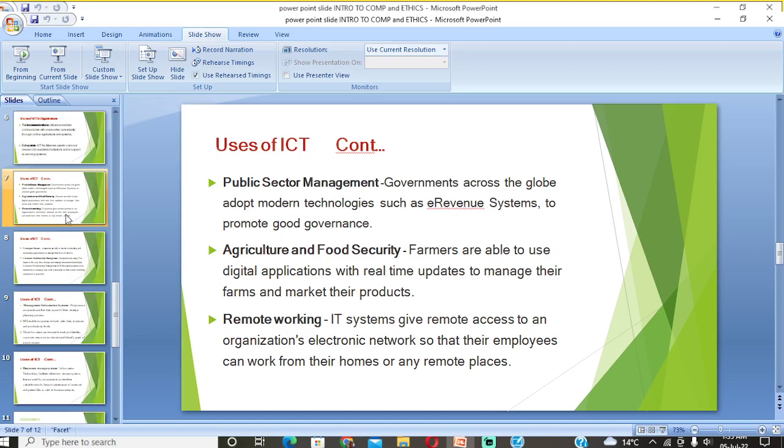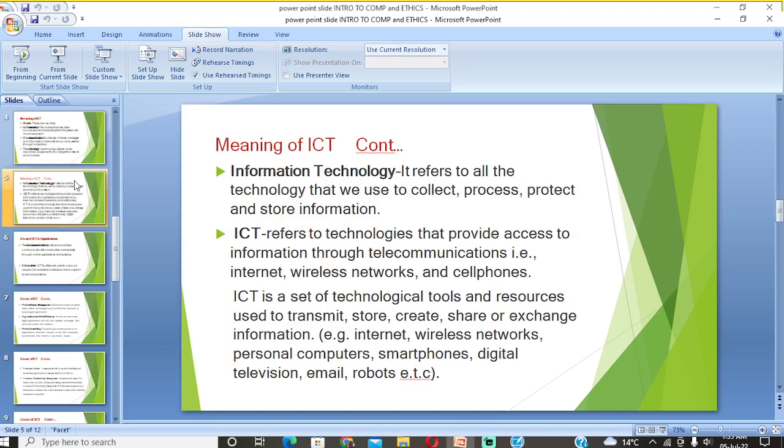So ICT is the use of technological tools. These tools include the internet, wireless networks, personal computers and smartphones, digital televisions, email, and so on. So those are some of the tools that we use when it comes to ICT.